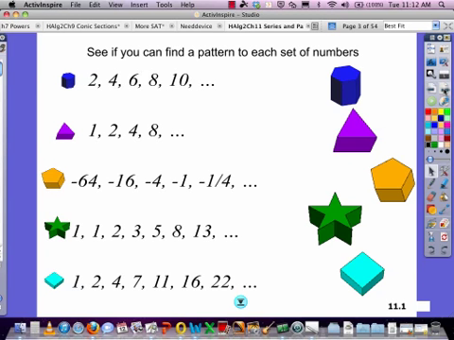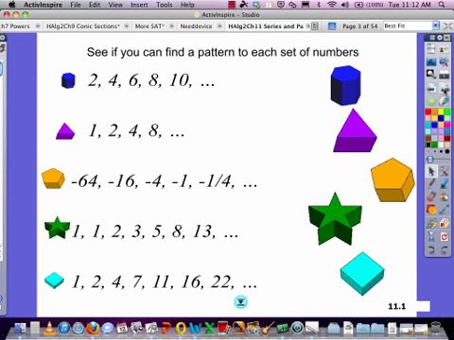Starting the first one, 2, 4, 6, 8, 10, and so on. 1, 2, 4, 8. So you're looking for patterns in each of these sets of numbers. Lists, sequences, we'd like to call them. So let's see, looking at them briefly, if you can come up with some of the patterns we're looking for.